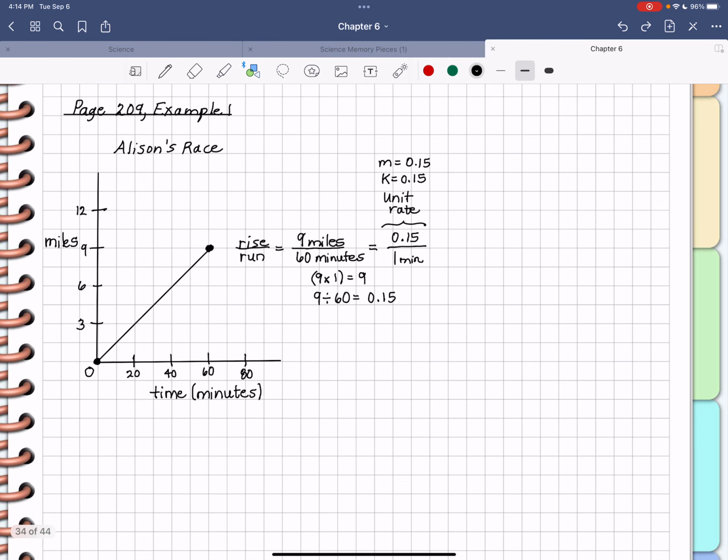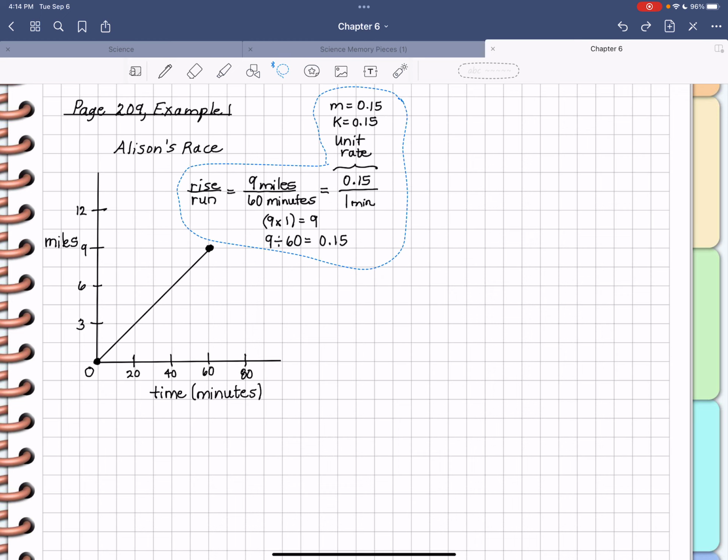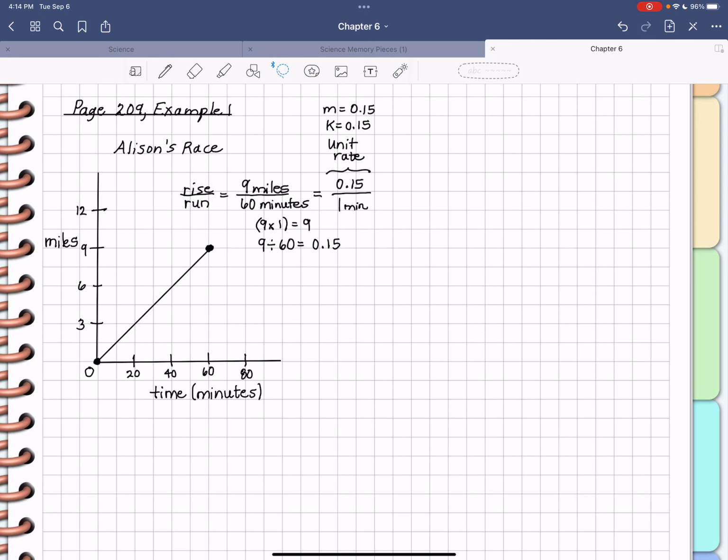Now let's look at Leah's race. And I'm going to move this just a little bit so I have room to get all of my other stuff in here. And Leah's race, okay, this is interesting.